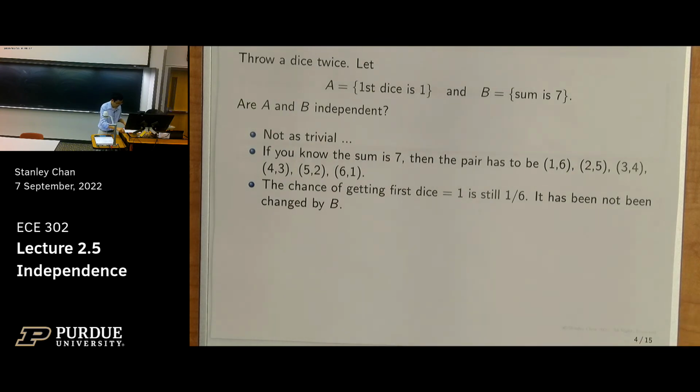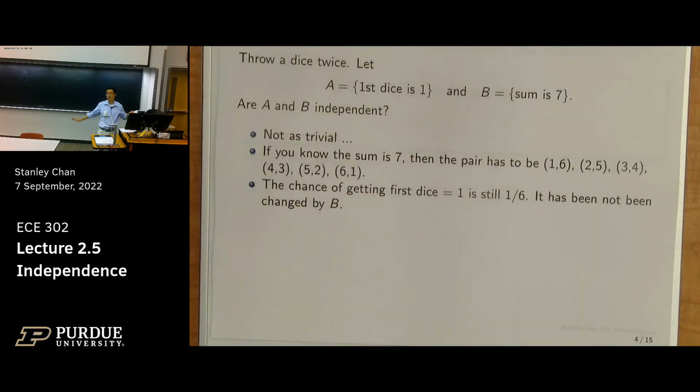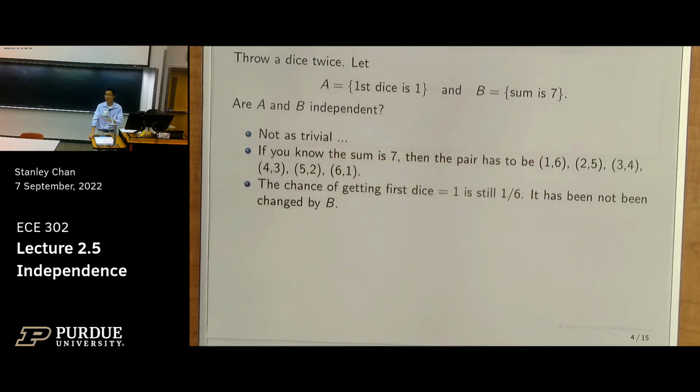Let's go to this example. Okay, you throw a die twice again, right? In the previous example, one is 3, one is 4. Getting a 3, getting a 4, of course, there's no interaction at all. But in this case, the first die is 1. The second event is that the sum is 7.